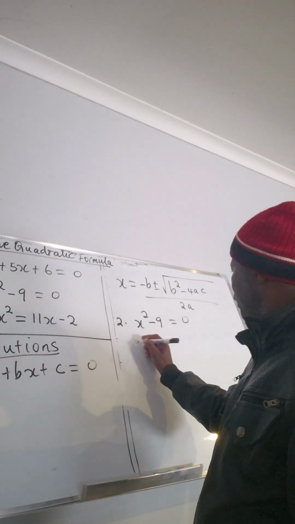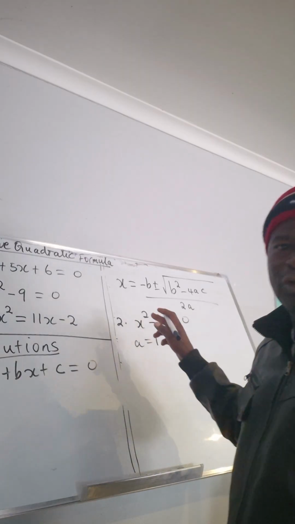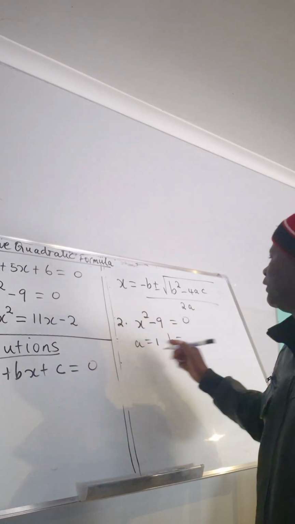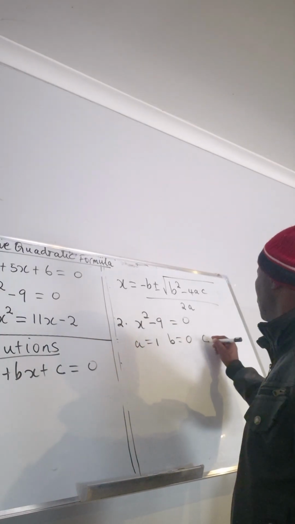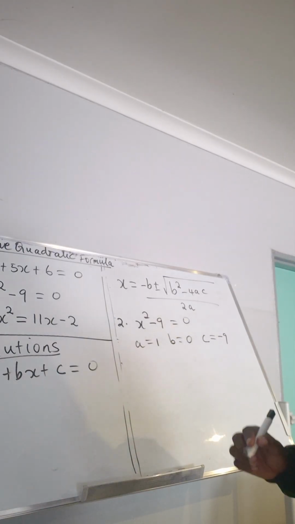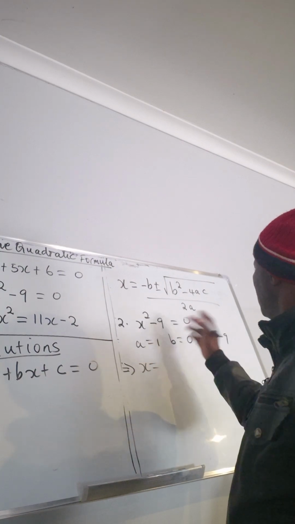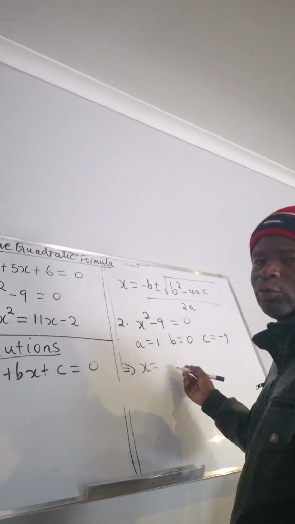So identifying our a is 1, our b is equal to, there's no coefficient of x here, so it's 0. Then our c is equal to minus 9. So we substitute: x equal to minus b, it implies minus 0.